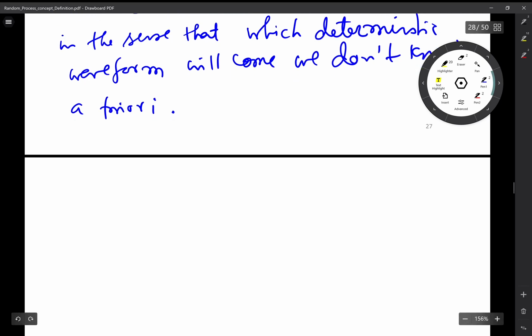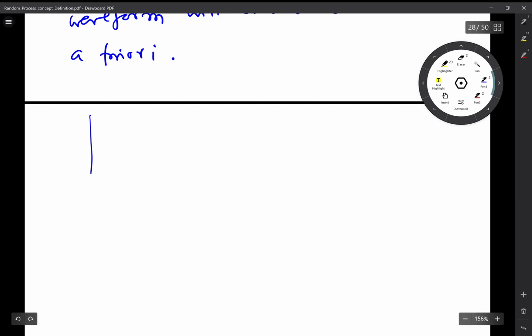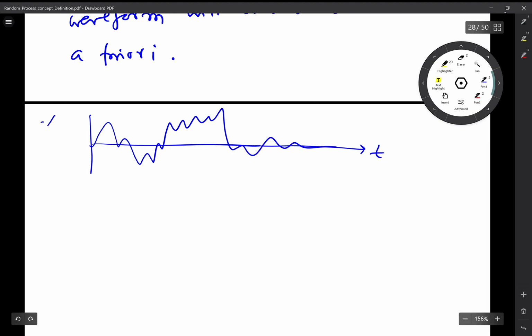A random process means a sample realization and an ensemble of sample realizations, right? So this is t versus x1(t).